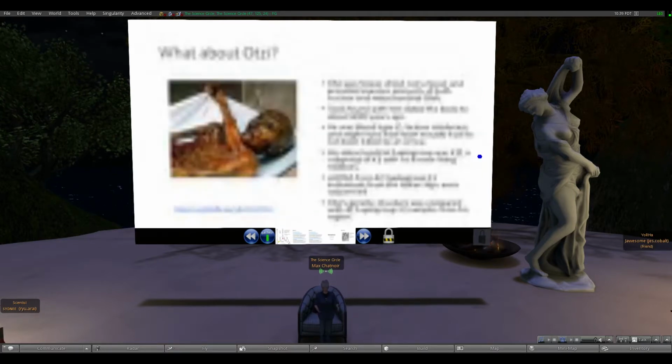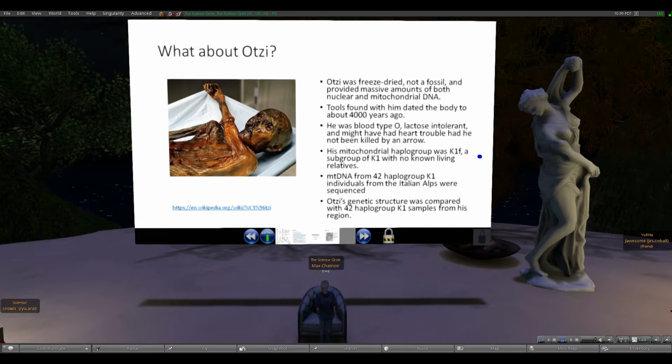So now we're going to go back to Otzi. Otzi's body was freeze-dried so that both his nuclear and mitochondrial DNA could be isolated from it. His age was determined from the tools that were found with him to about 4,000 years ago. He was apparently killed by an arrow.